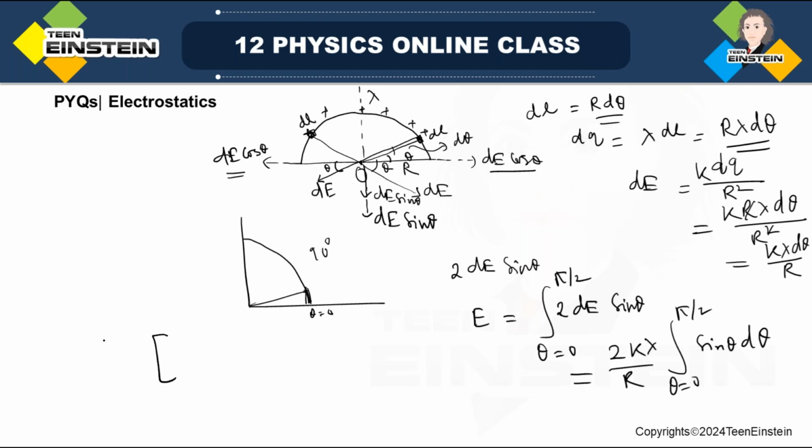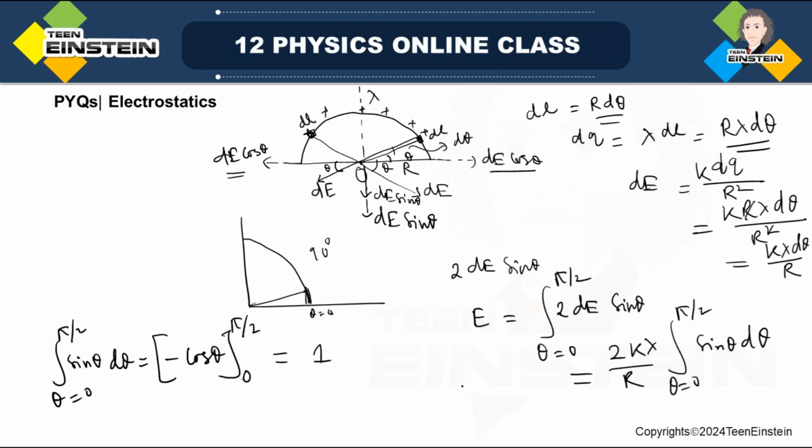Let me just get this integration value itself, sin θ dθ, where θ is equal to 0 to π/2. So this will be minus cos θ, from 0 to π/2. Cos π/2 will be 0, lower limit I can take, so due to that, this will be 1.